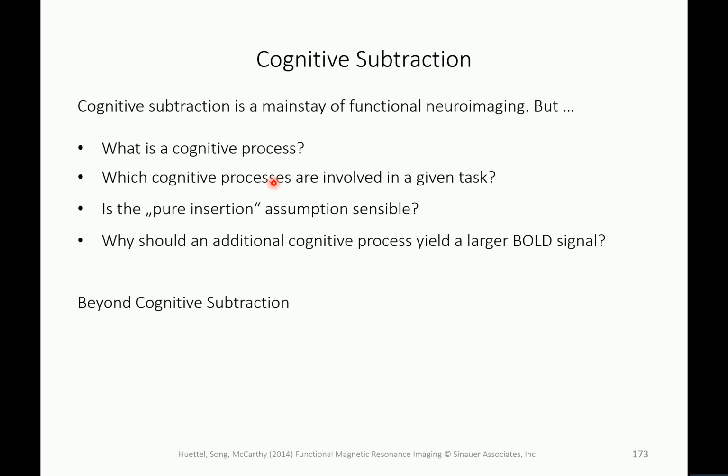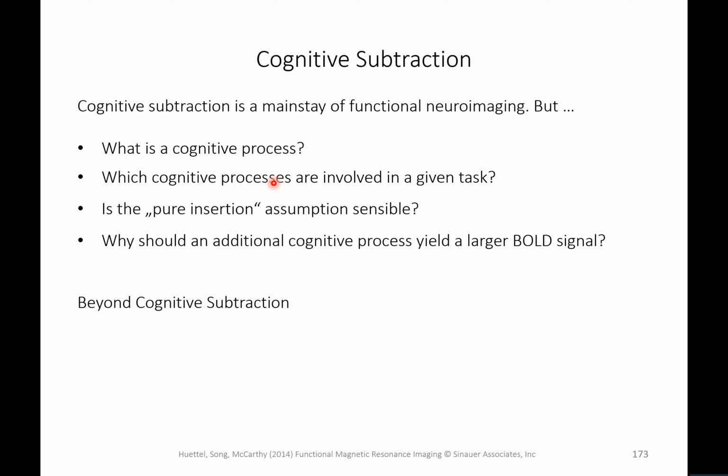If we say, okay, when people do this task, they do these processes, and when they do that task, we think they do these and these processes, then the difference means that it's this cognitive process and not some other. So it would help if people would do many more task analyses and explicitly talk about the cognitive processes.